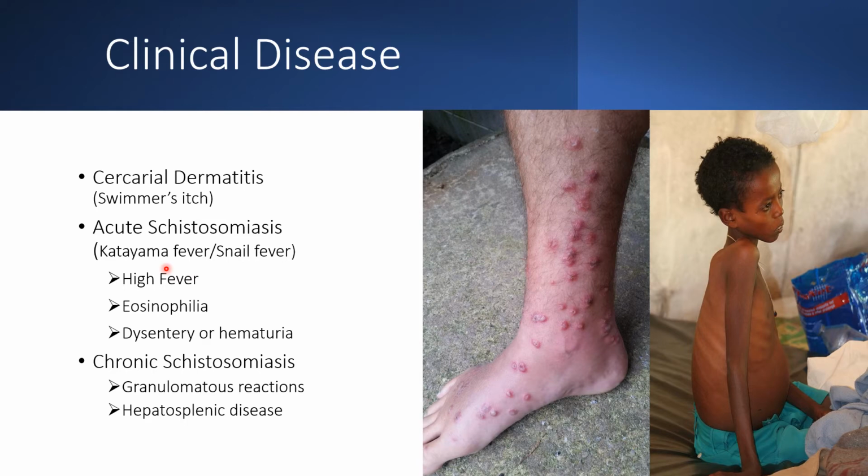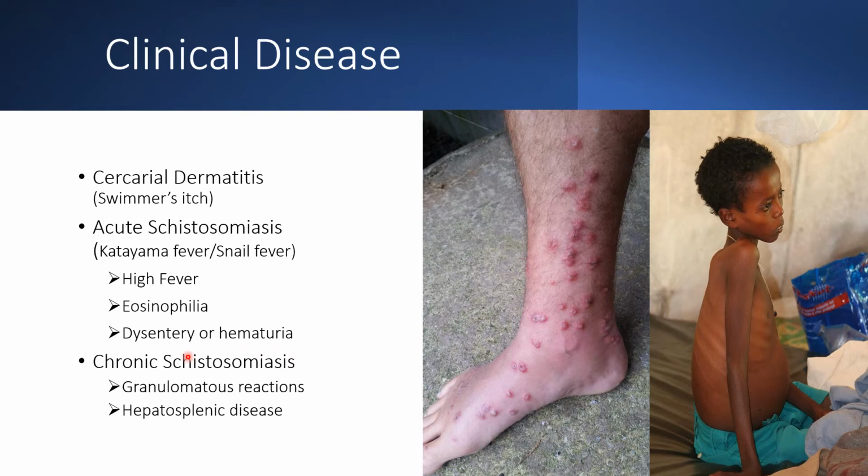This includes schistosomal migration down to maturation, up until they start laying eggs. It resembles the symptoms of serum sickness, which is a type 3 hypersensitivity reaction, and includes high fever, eosinophilia, dysentery, or hematuria.